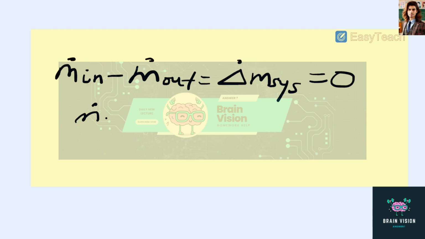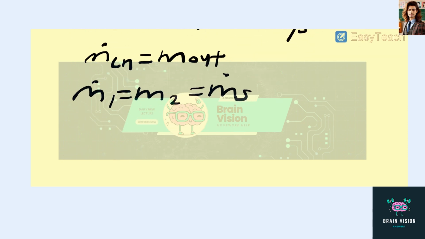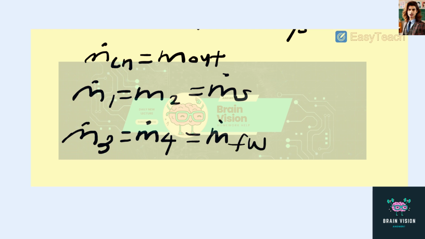Therefore, m dot in is equal to m dot out. Using the same state nomenclature, m dot 1 is equal to m dot 2, and we're just going to call that m dot steam. We can also say that m dot 3 is equal to m dot 4, and we can call that m dot feed water.